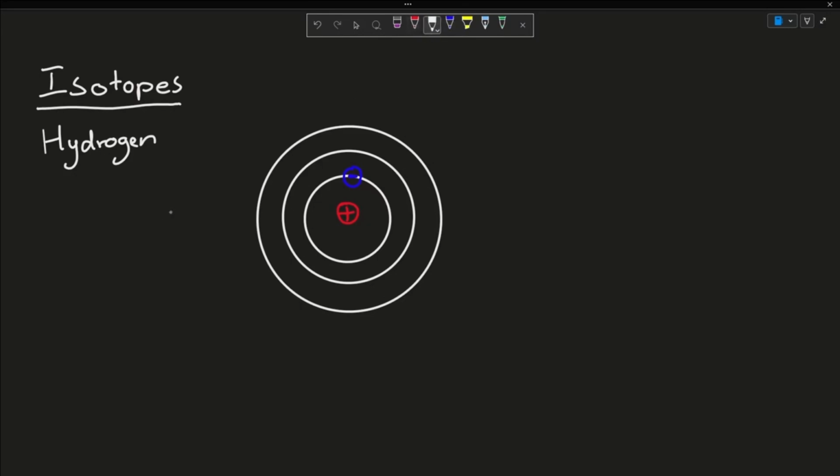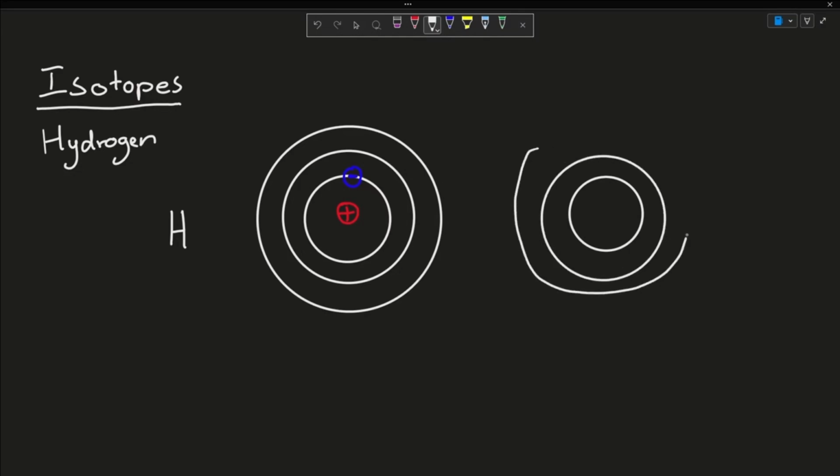So we just say H for hydrogen, right? But we can have another case of hydrogen, and if I can draw these circles quickly, we can see that again we will have one proton in the nucleus, but we can add a neutron.